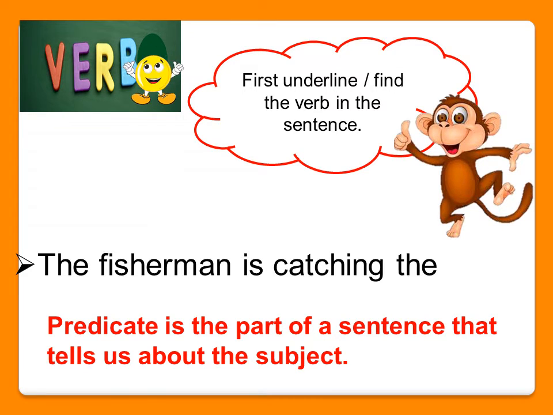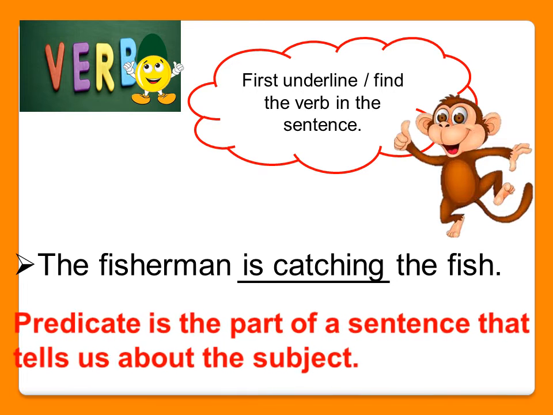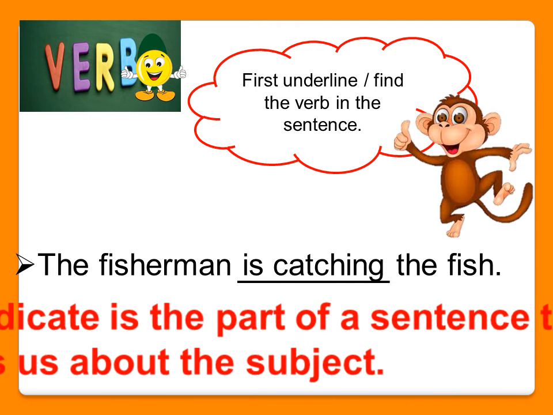For example, if the sentence is the fisherman is catching the fish, here catching is the main verb and is the helping verb. So, we will underline is catching. A predicate contains verb as well as what the verb is doing, and a subject gives answer of who or what.